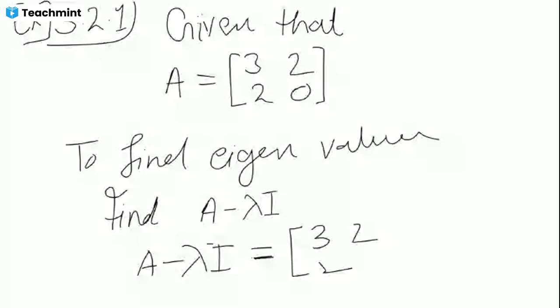Okay, so we can find the eigenvector when we put any value of x. Either you can have x1 or x2, when we find the relation between these components of the vector.